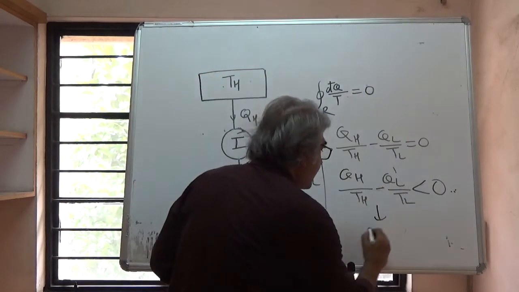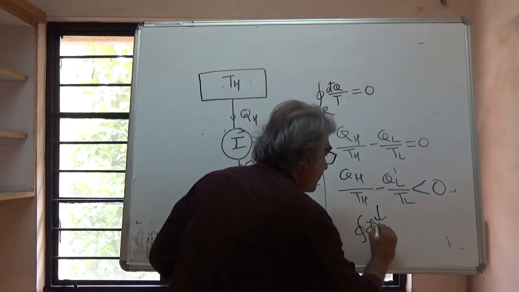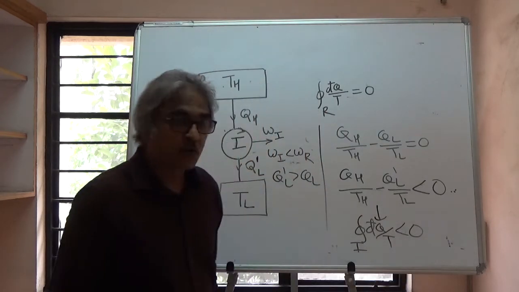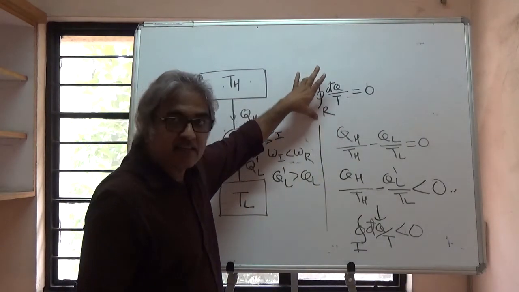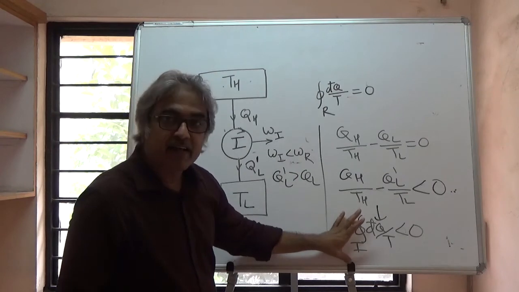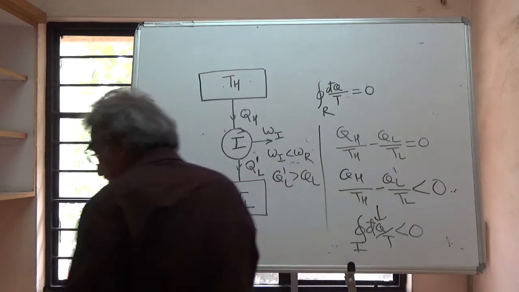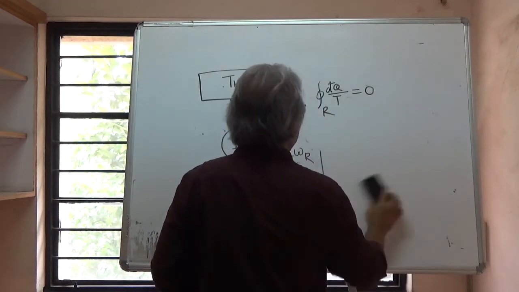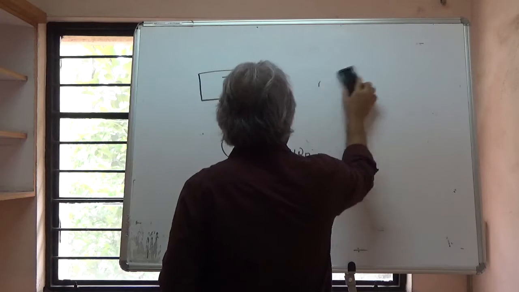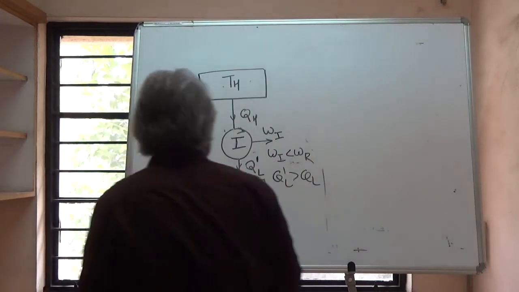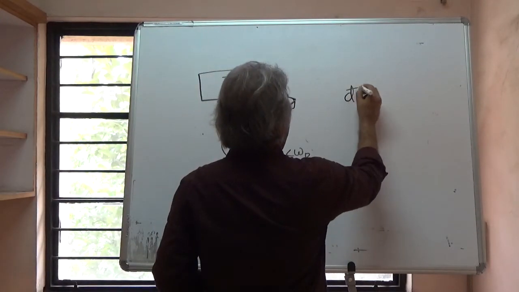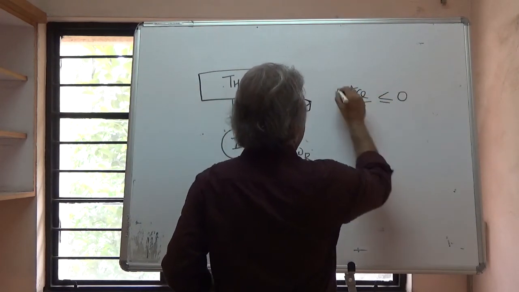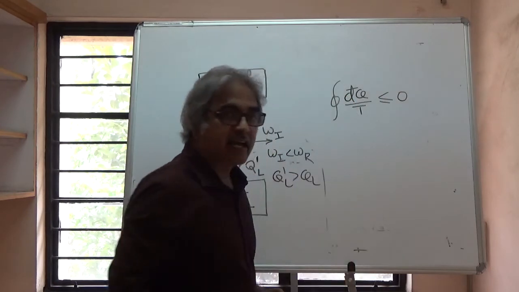That means I can write cyclic integral of dq by t for an irreversible cycle is less than 0. So for a reversible cycle, this is the expression. For an irreversible cycle, this is the expression. If I combine this, we get this expression: cyclic integral of dq by t is less than or equal to 0 for a cyclic process.